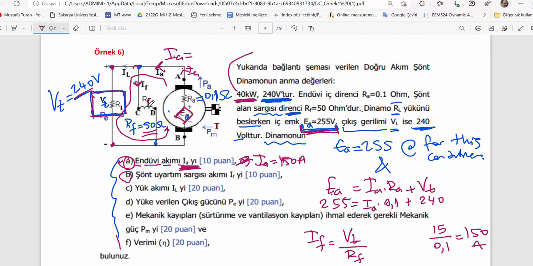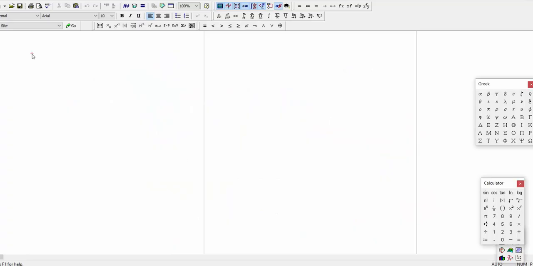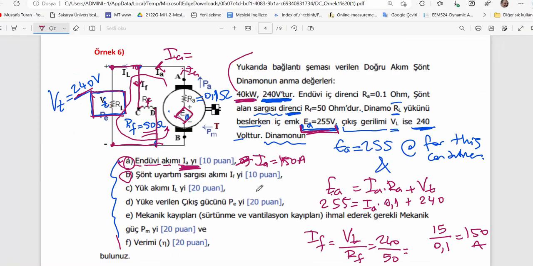The 240 is given; it is directly connected to the terminal, as you see. 240 over 50 makes 4.8 amps.